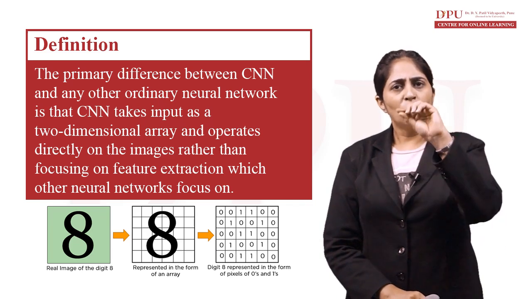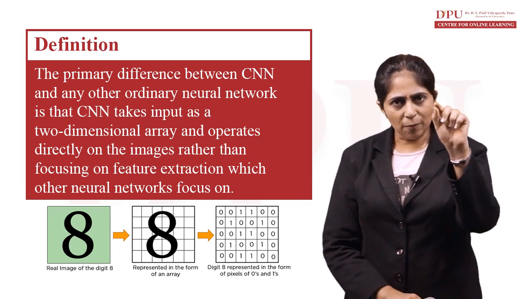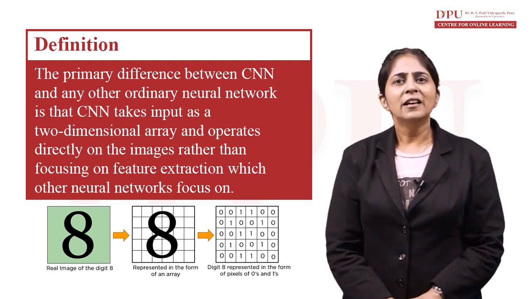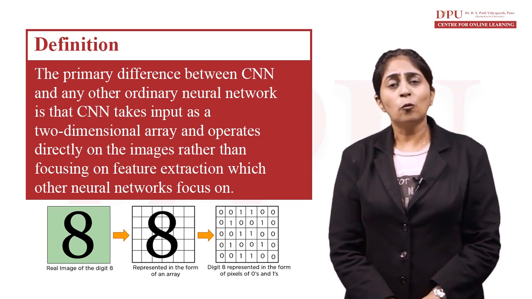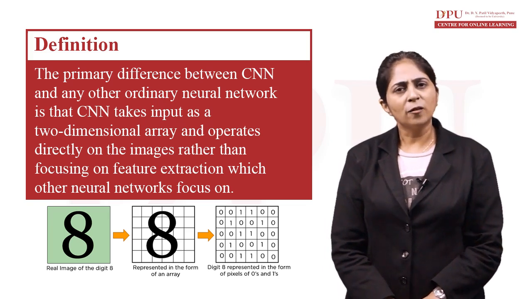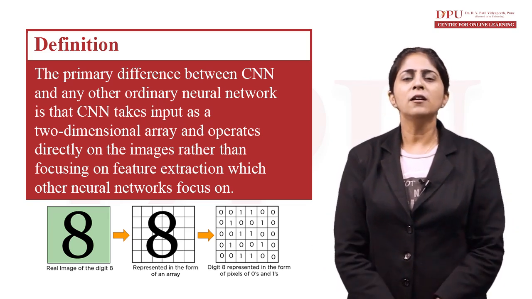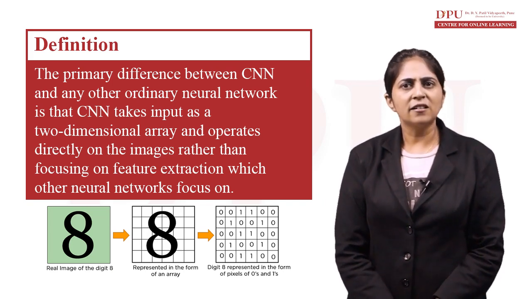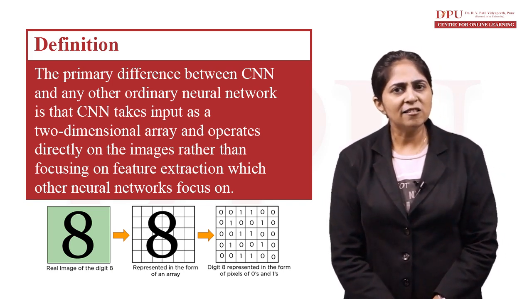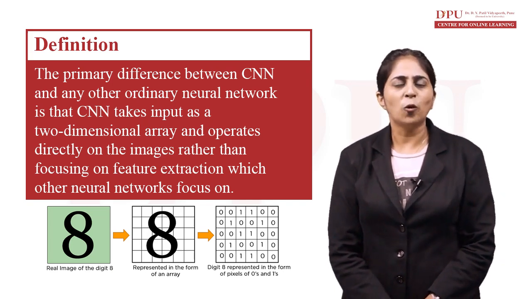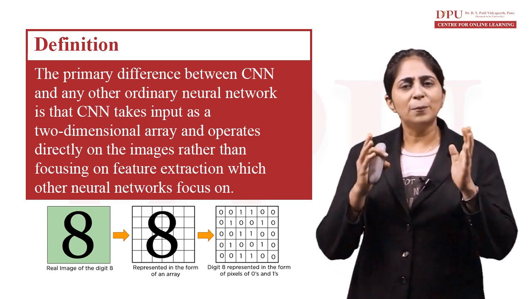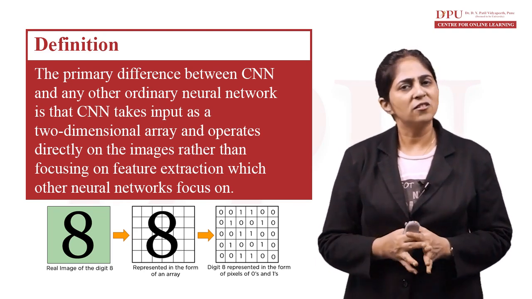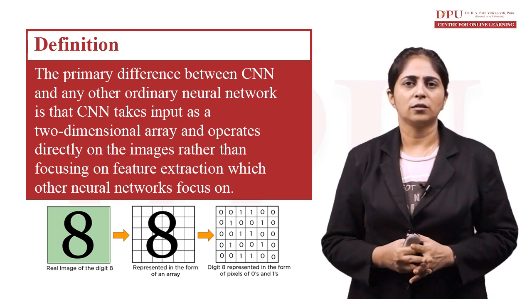Wherever you have something in that particular array, the digit 1 will be placed, and wherever there is blank, we can put the value 0. So the digit 8 is represented in the form of pixels of zeros and ones. This is the basic thing: how our CNN stores the images in our network.